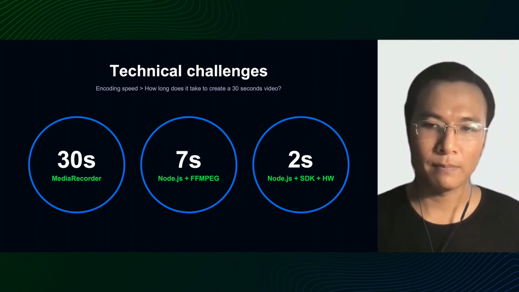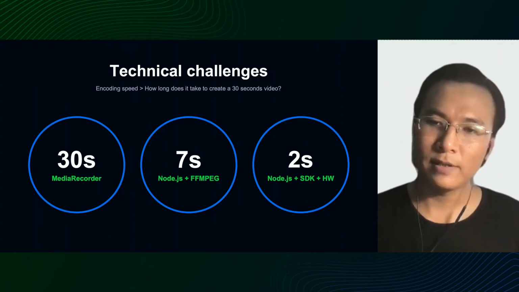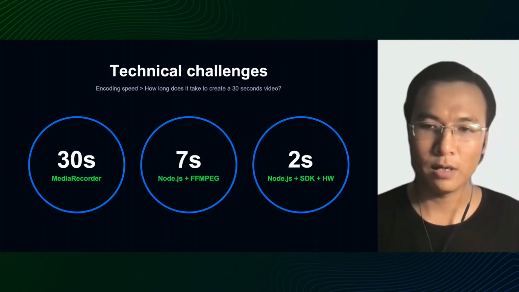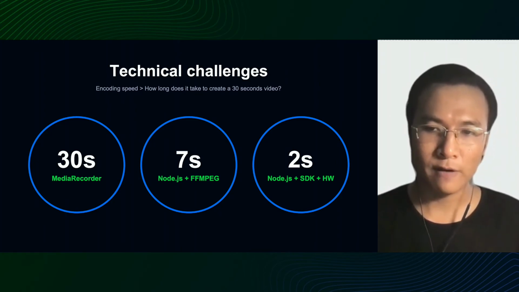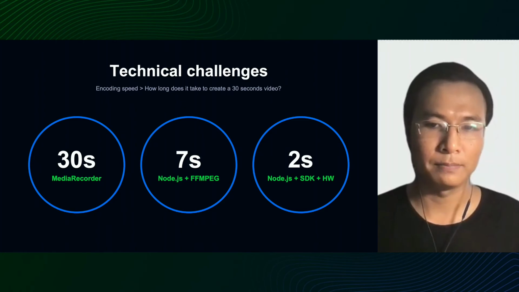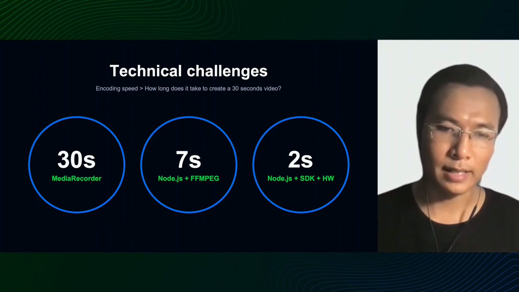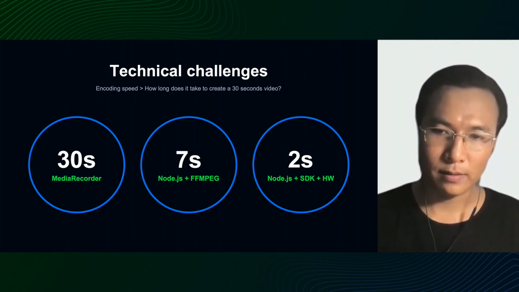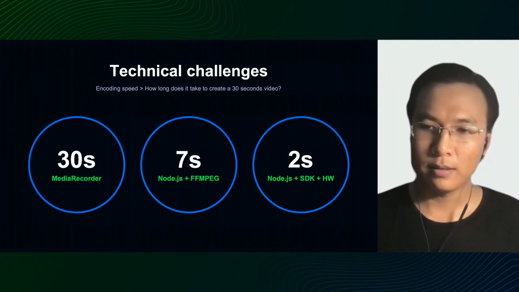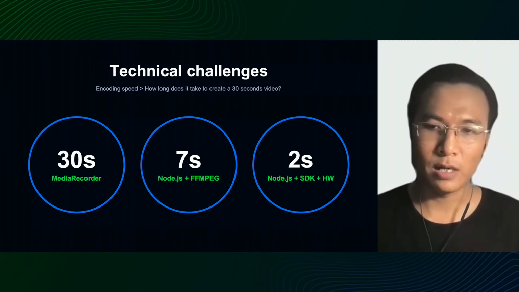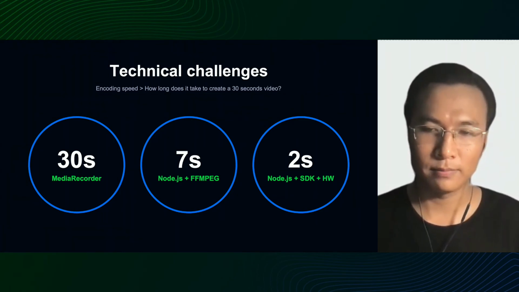As for FFmpeg, it takes 7 seconds to create a 30-second video, which is already much faster than the MediaRecorder API. As for the hardware encoder combined with the low-level SDK, it only takes 2 seconds. We found that this is the fastest way to create videos among these three methods.